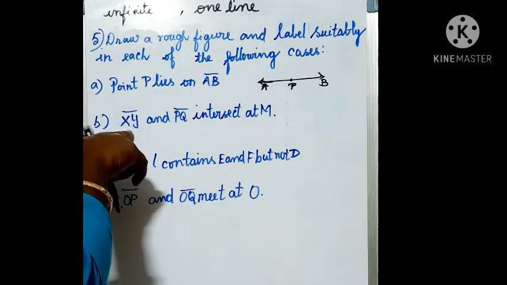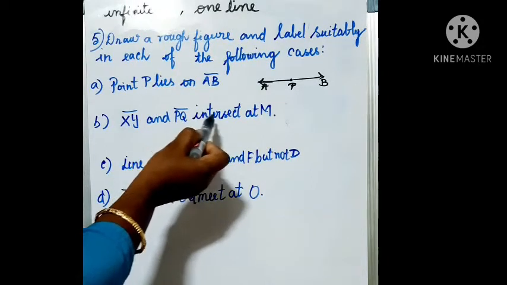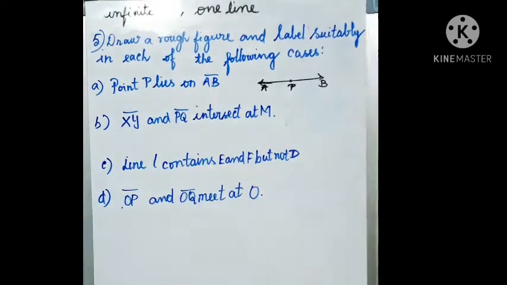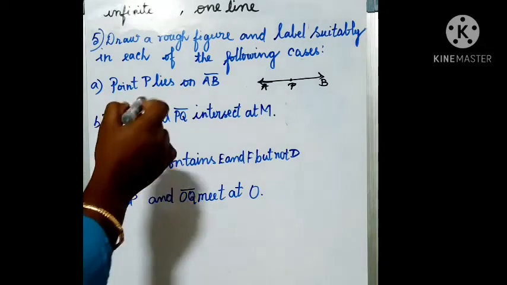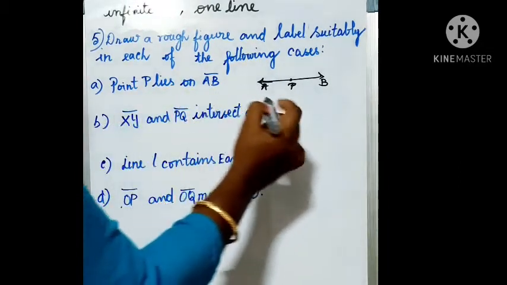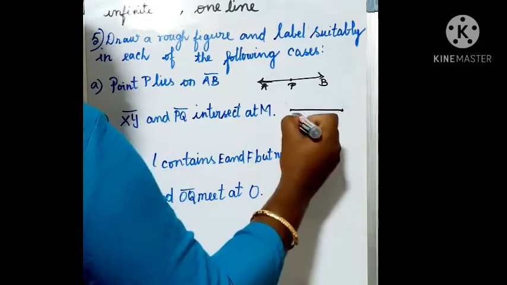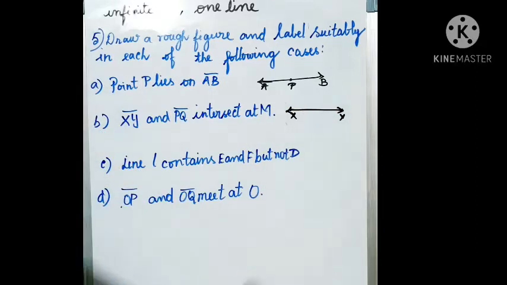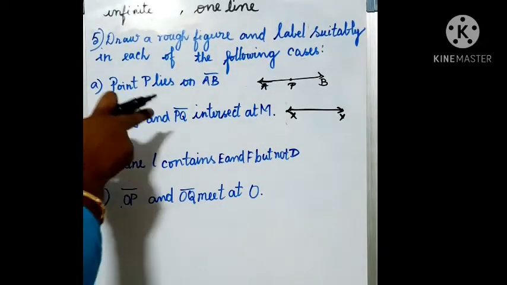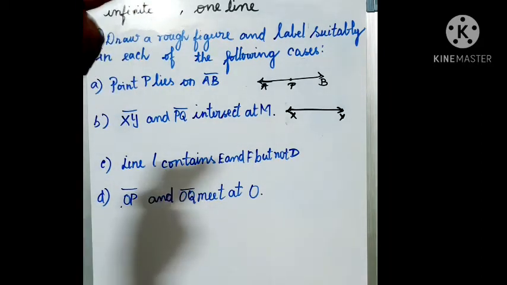Fine. Next, B: line segment XY and line segment PQ intersect at M. So how will you do that? First you have to draw the line segment XY. Next, the line segment PQ.